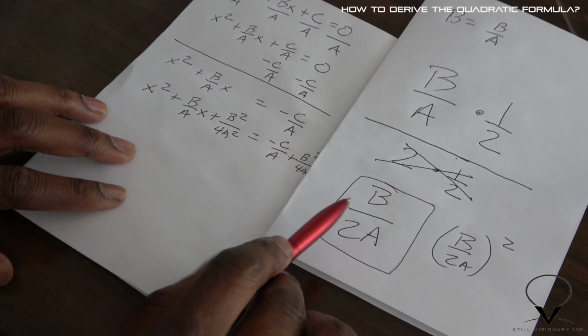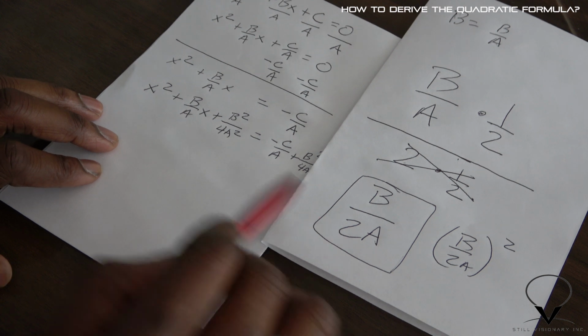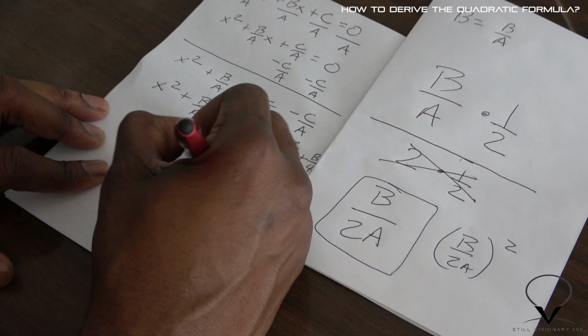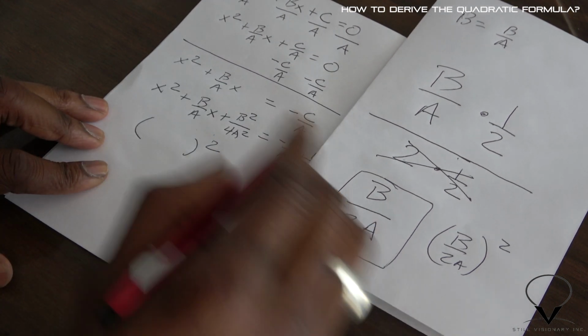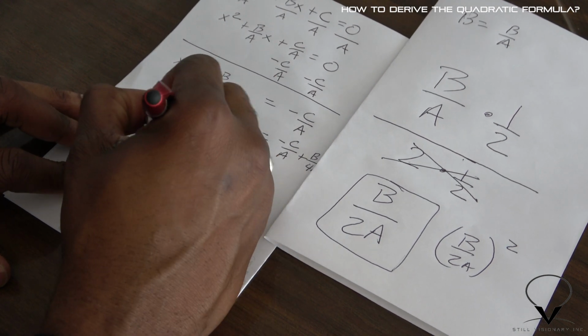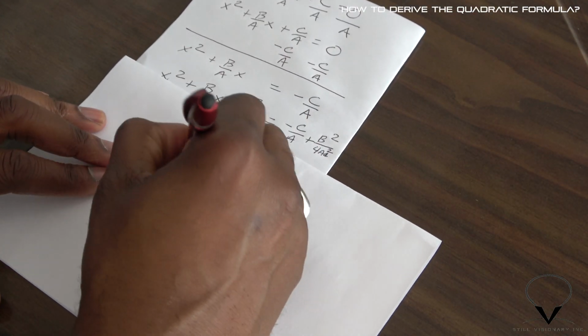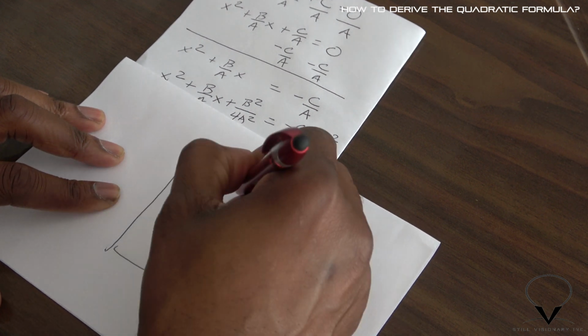So now this is what I need to do, guys. When I write this as a square here, the new b term would be plus b over 2a, and this will be x. When I square this, let me just prove that to you using the box method.